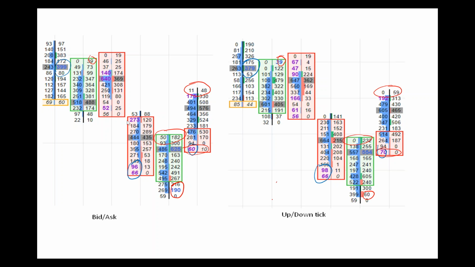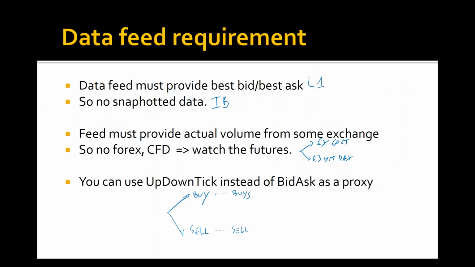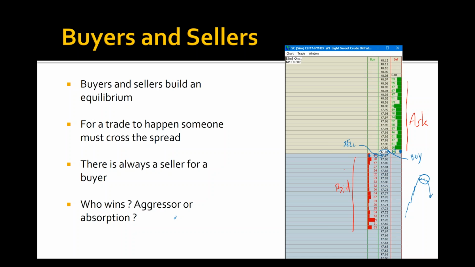Okay. How can you know that you're getting true bid ask information? Well, most data feeds give you the real bid ask information. They don't all give you level 2. So what you need is level 1. Level 1 is the best bid ask.